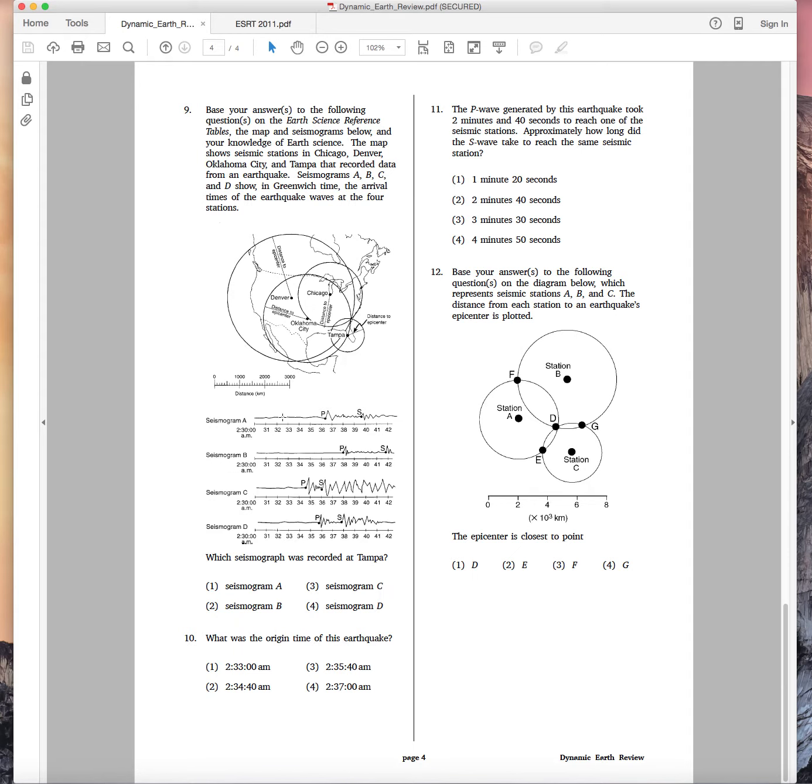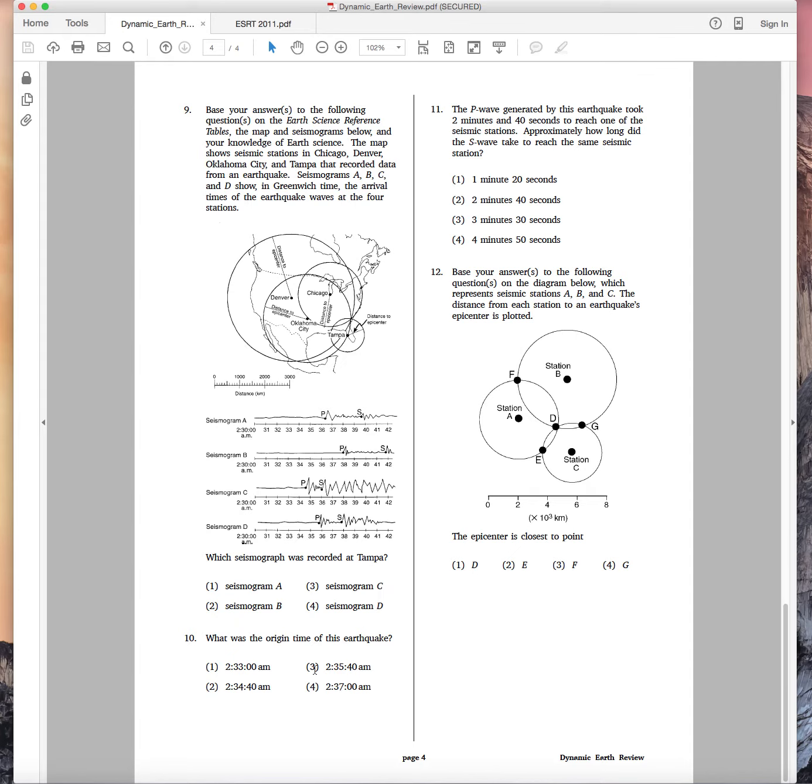Right? The earthquake had to have occurred before the P wave gets to these stations. So if seismogram C is Tampa and it's at 2:34:40, it has to be before that. Now I can eliminate choice 4: 2:37 comes after 2:34:40.